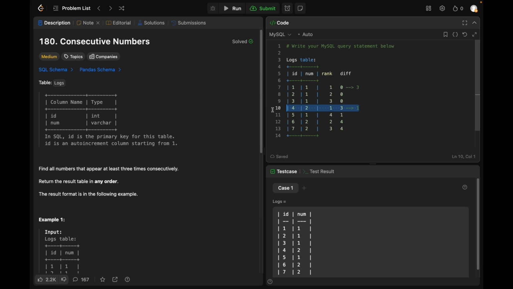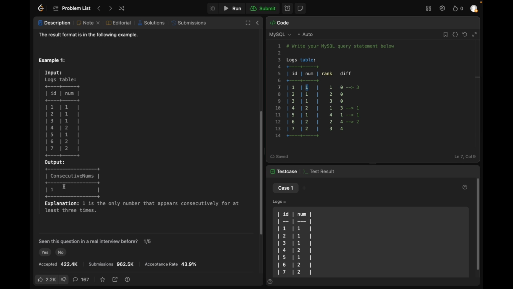That doesn't follow our criteria, so we could filter for all the values where you have a row count of 3 or more. Similarly, over here, you would get 1 again, and over here you would get 2. So the only thing that would get picked up is the number 1. And that's the solution here.